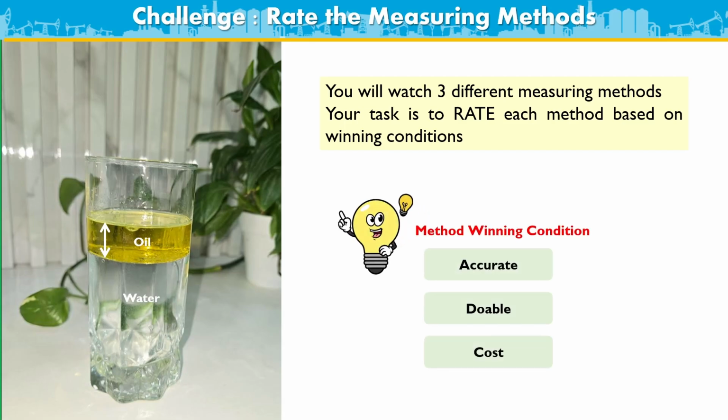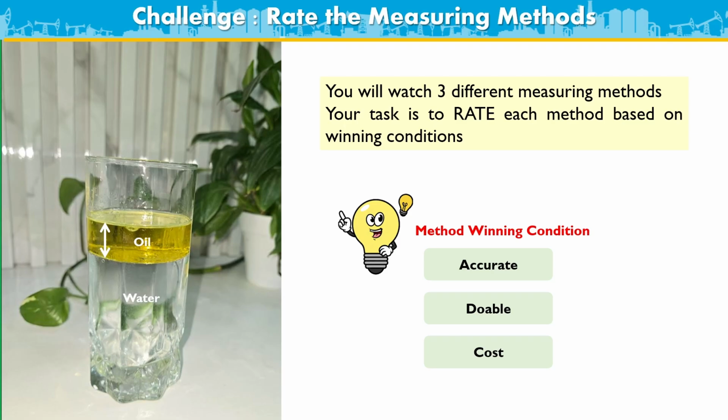You will understand later why. The best method should be accurate, should be doable, meaning how easy it is to apply, and not costly. You will do this ranking while watching the videos. After each method, I will show you the measured oil volume for comparison.